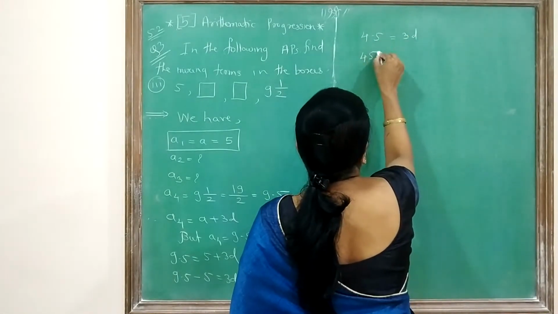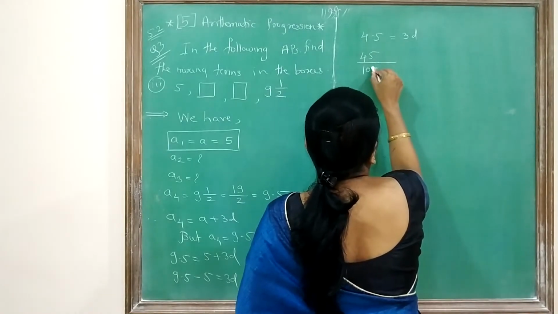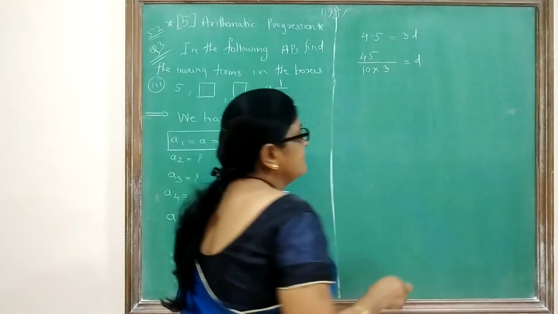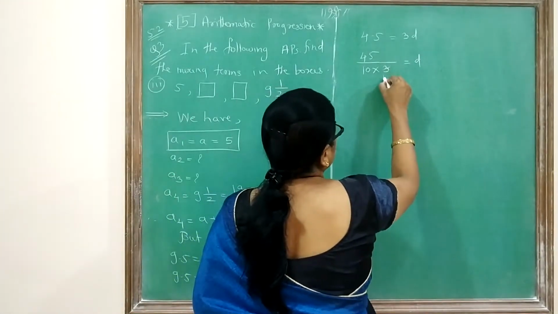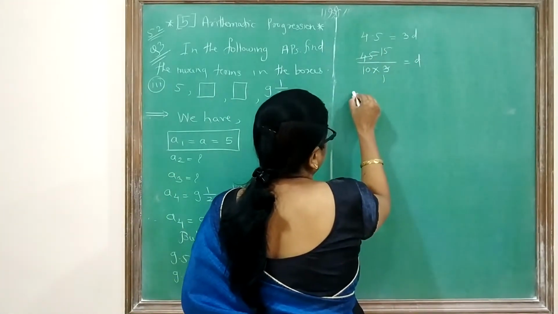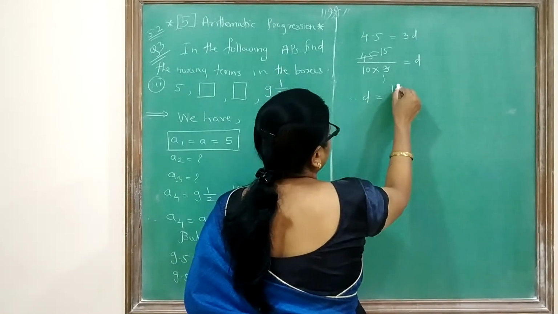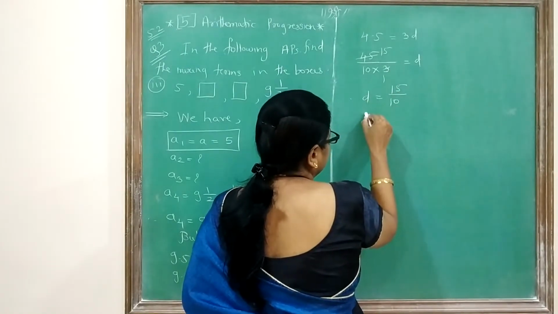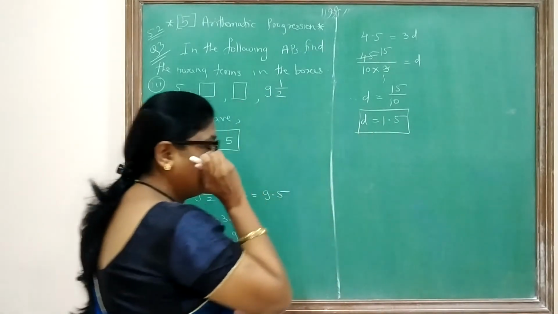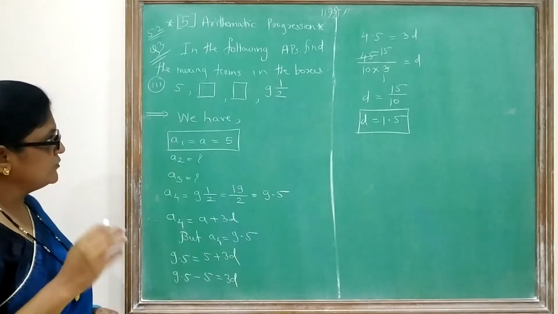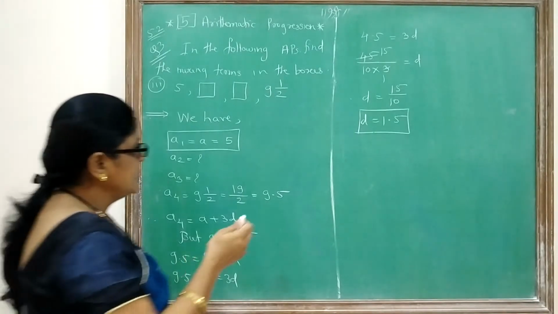Then 45 divided by 10 multiplied by this 3, because this 3 will be transferred to the denominator. 3 1s are 3, 3 5s are 15, therefore D equals 15 divided by 10, then D equals 1.5. Here A and D values are present, so you can easily find A2 and A3.